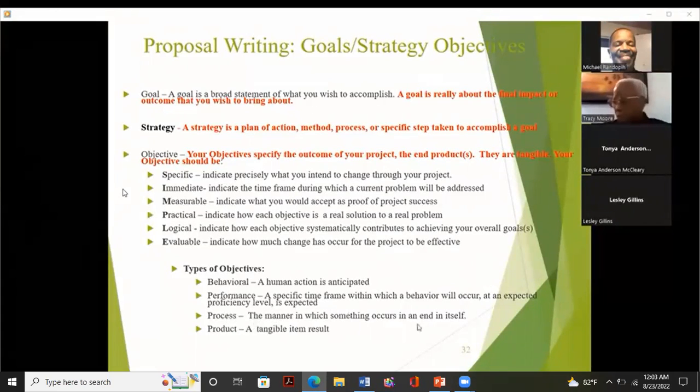That's the manner in which something occurs within itself. For example, if you want to teach a person how to be able to get the best price possible for that art, it's going to be a process objective. Well, you have to do this, and then you do that, and then you do that, in order for that person to be able to understand how to get the best deal for that particular piece of art. Or you can do a product objective.